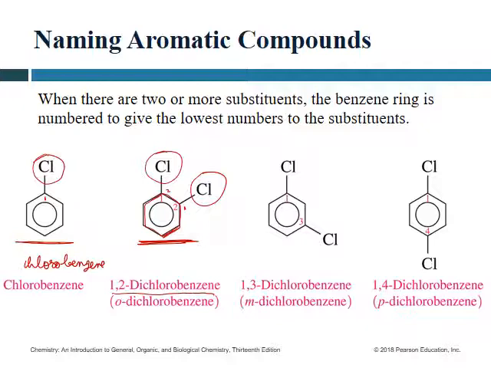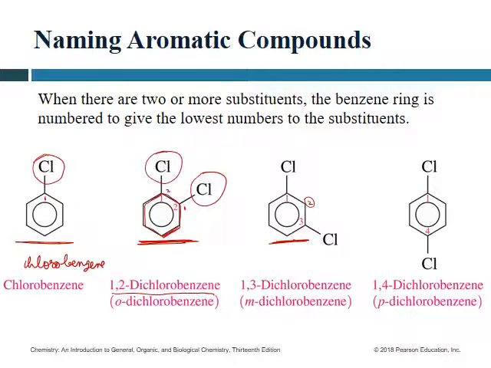Now if I move this chloro to this particular position, how would we name this? Again, this is a benzene. We start numbering. One of the chloros will always be 1. Your substituent should always be 1. So this is 1, this is 2, this is 3, or you could also name it the other way. It doesn't matter.